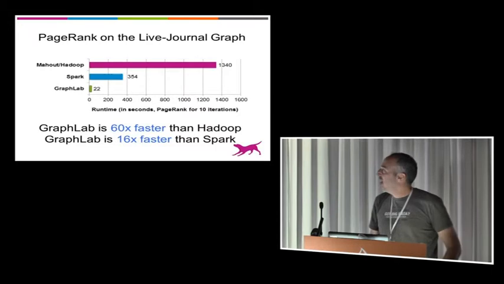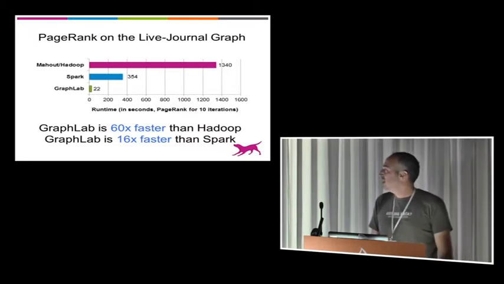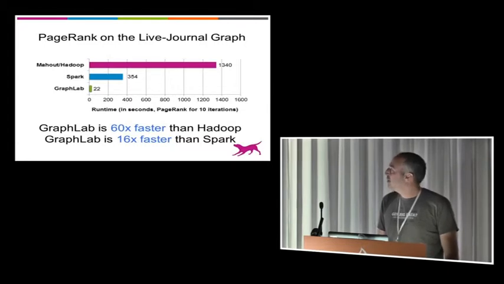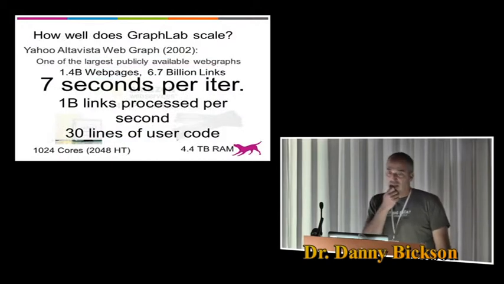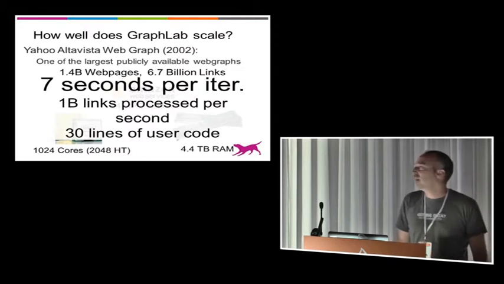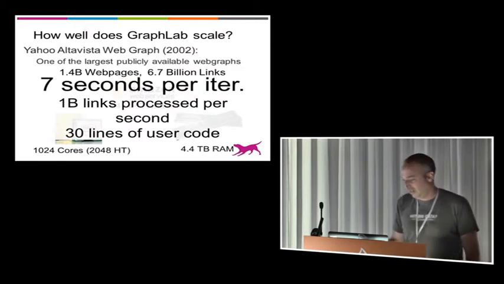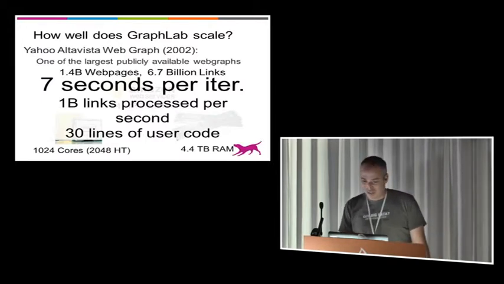They say that GraphLab is about 60 times faster than Hadoop, which is Mahout, another machine learning framework, and about 60 times faster than Spark. If we ran those same experiments, we would get even better results, but I wanted to show it as our competitors claim it.